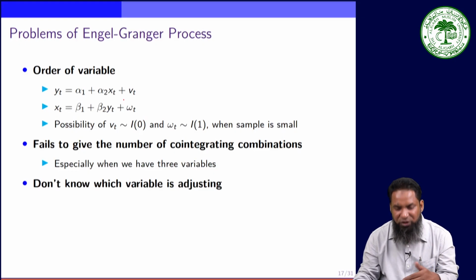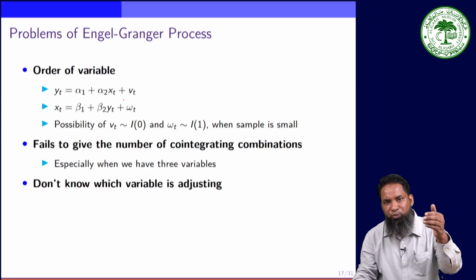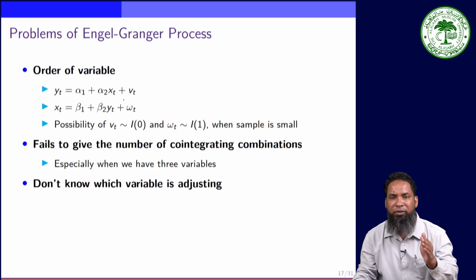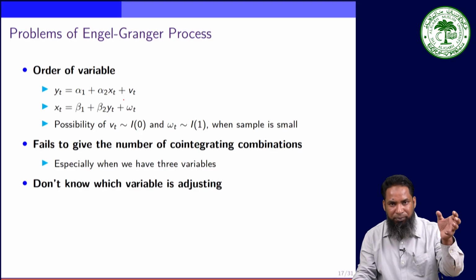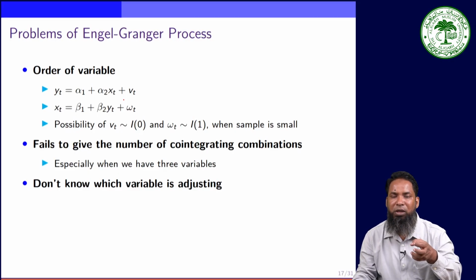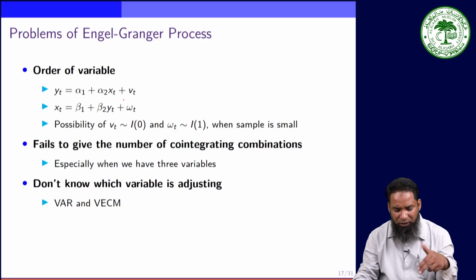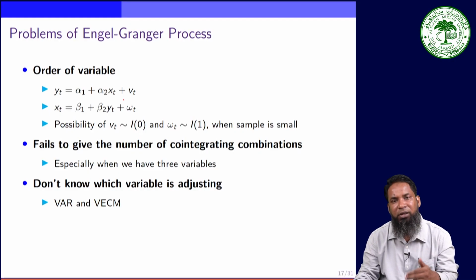We don't know which variable is adjusting, which variable is pulling the other variable, which one is fluctuating in the short run, and which one is pulling it to the long run equilibrium. We will not be able to find that out. Then what is the solution? In such cases the solution is vector autoregression and the vector error correction model.